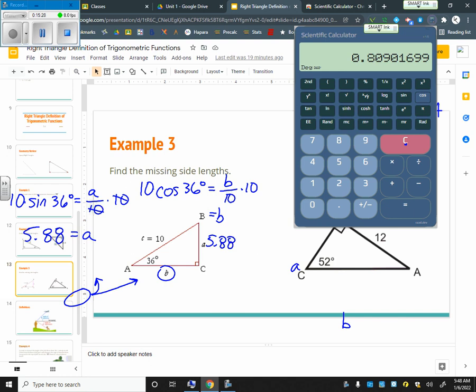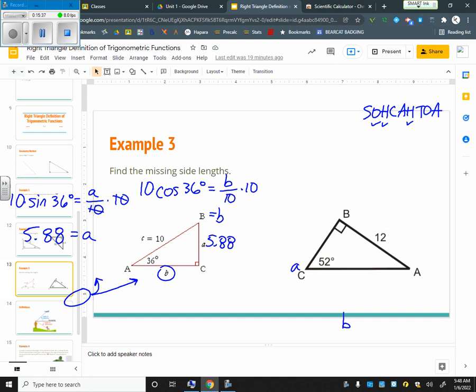And then again, I'm just going to multiply it by 10. 8.09 for this length. 8.09 down here. So I've found my missing side lengths right here using SOHCAHTOA.